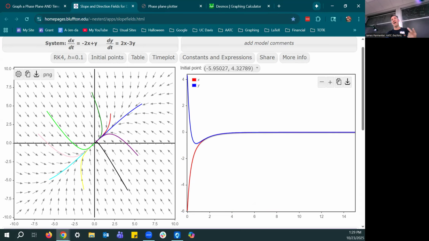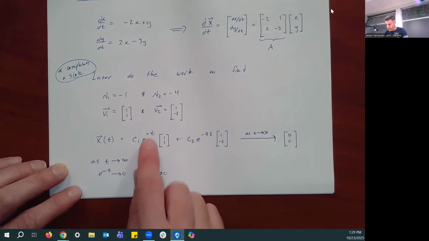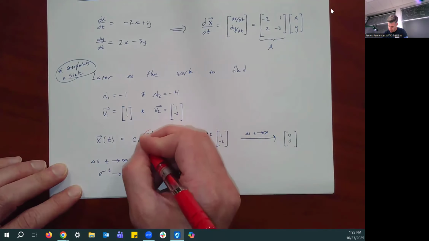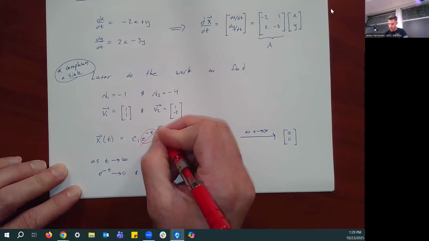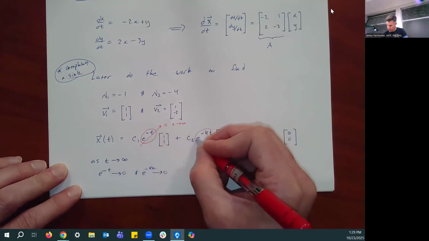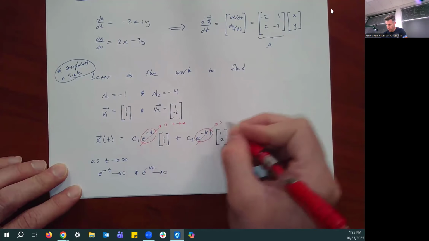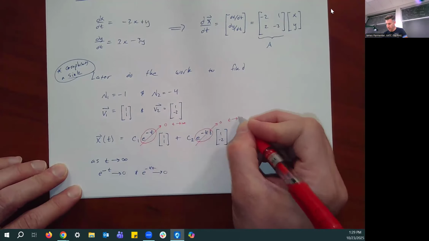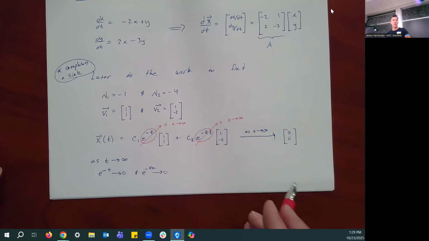The reason this is a sink is because both of our eigenvalues are negative, which results in this part going towards 0 as t goes to infinity, as does this part. So if both of your eigenvalues are negative, both populations get smaller and smaller, closer and closer to 0.